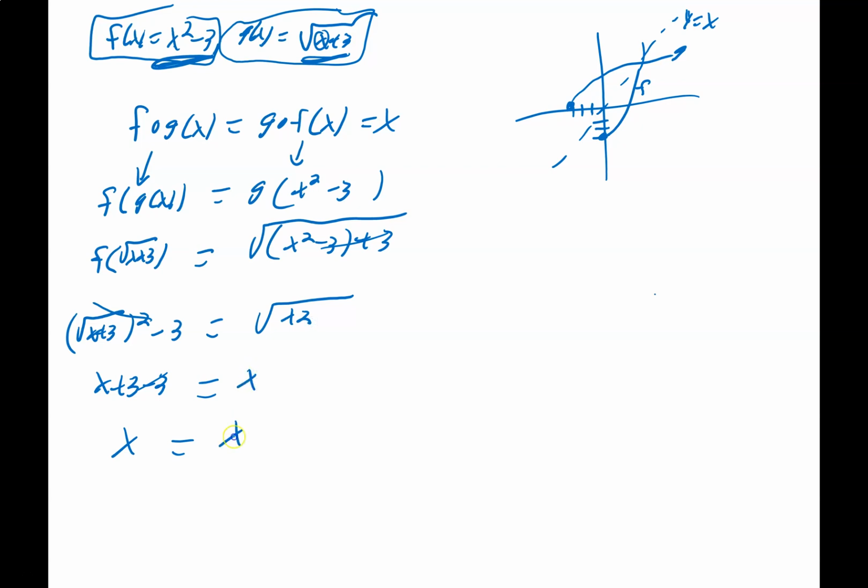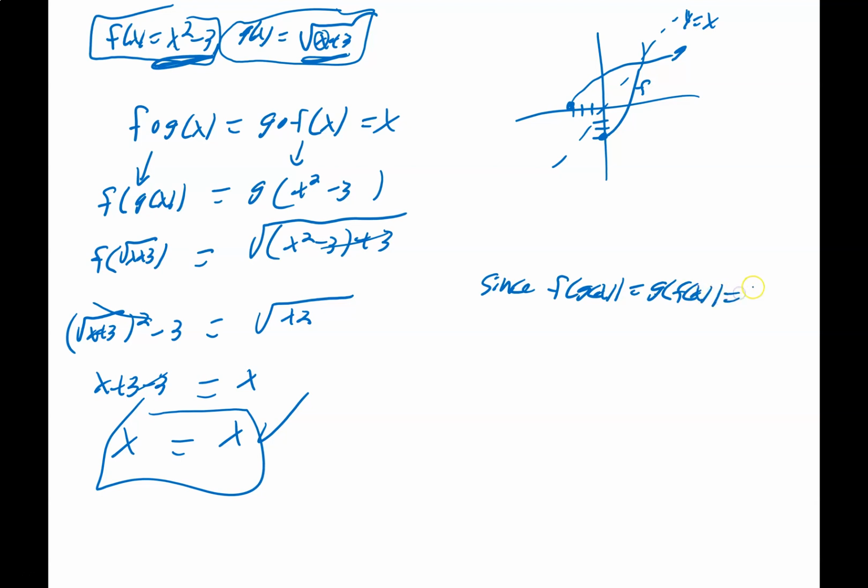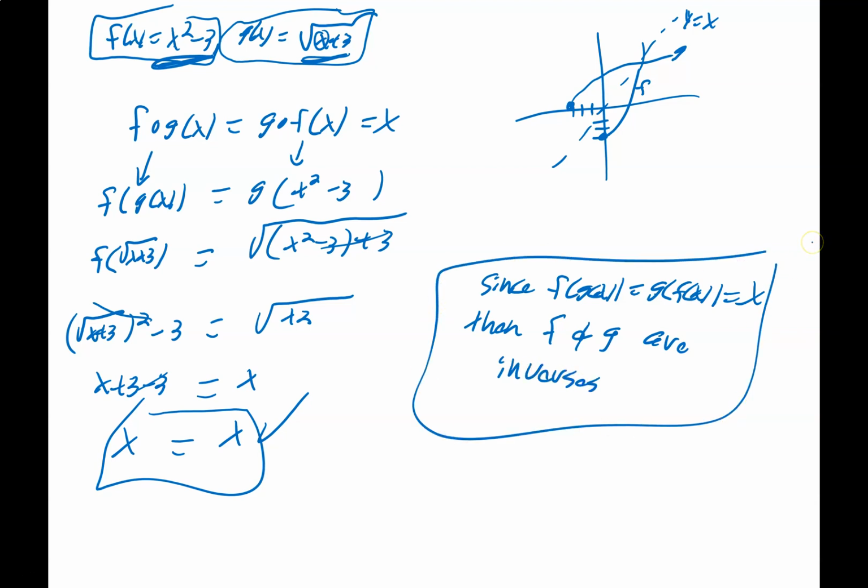That makes x, and we're good. So I would say something like this: since f of g of x was the same as g of f of x, and since they both equaled x, then f and g are inverses. Kind of some cool stuff.